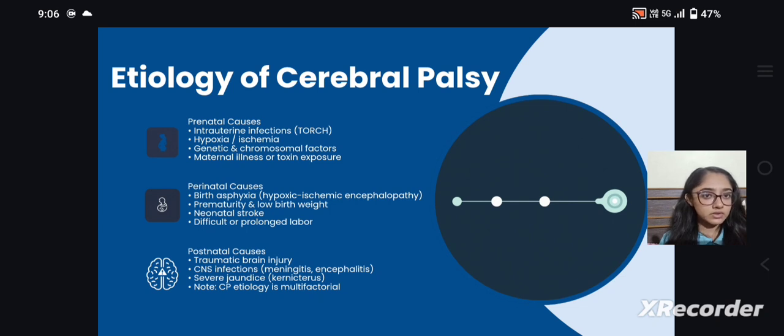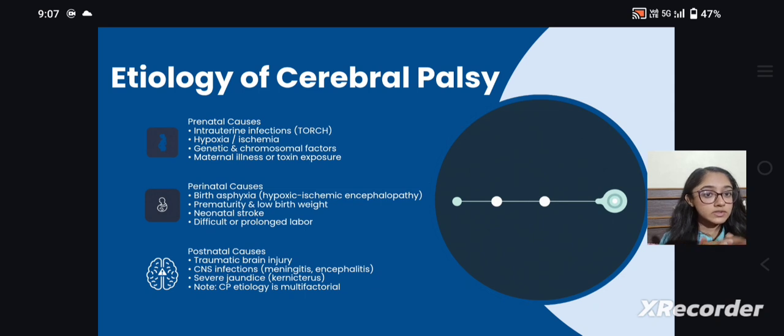Then perinatal causes: birth asphyxia, prematurity or low birth weight, neonatal stroke, difficult or prolonged labor. Then postnatal causes will be traumatic brain injury, CNS infection, could be meningitis, encephalitis, or severe jaundice.